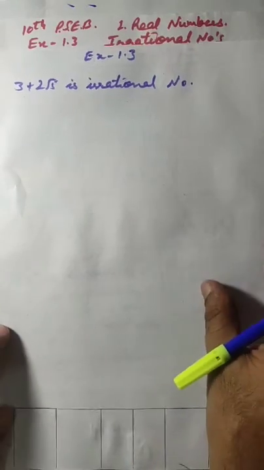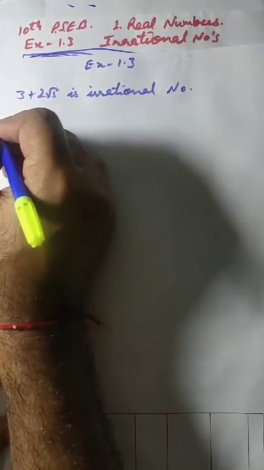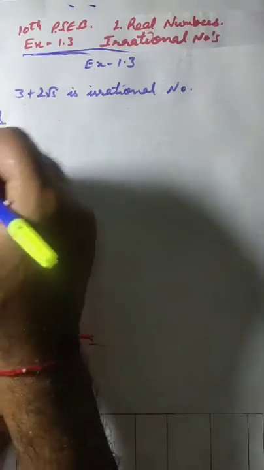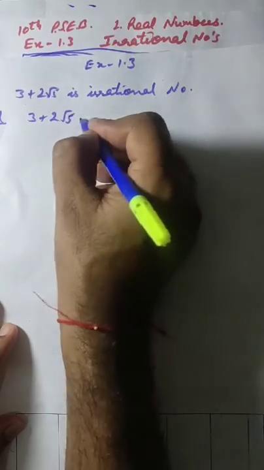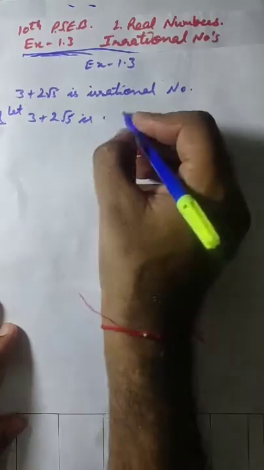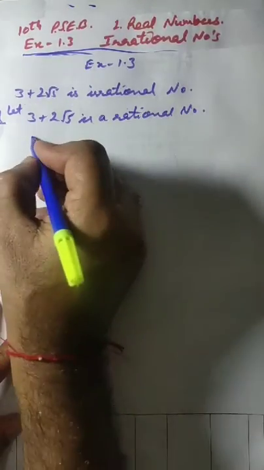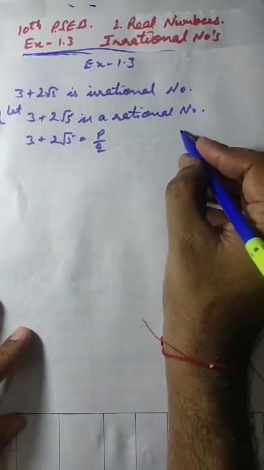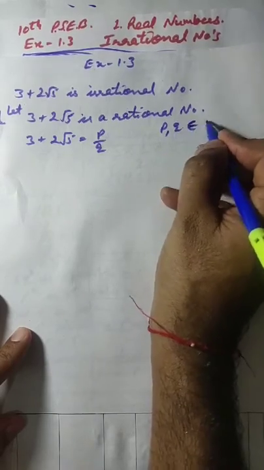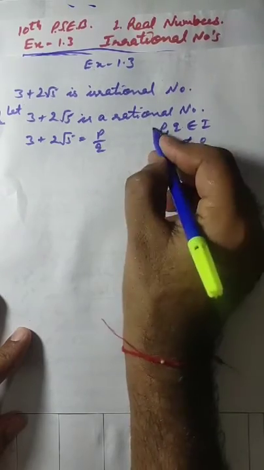Let us do another sum. We are to show that 3 plus 2 root 5 is an irrational number. As in our previous question, let us assume it is a rational number. So 3 plus 2 root 5 is equal to p upon q, where all those three conditions apply: p and q belong to integers, q is not equal to 0, and p and q have GCD 1.